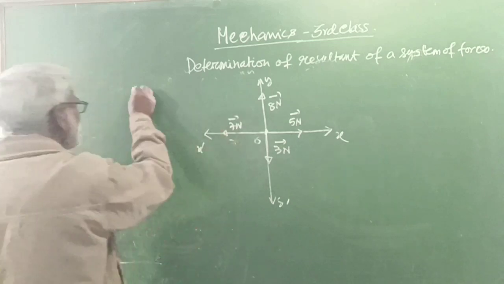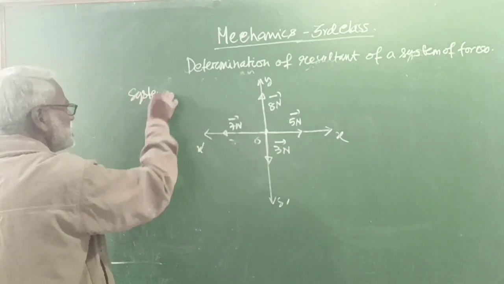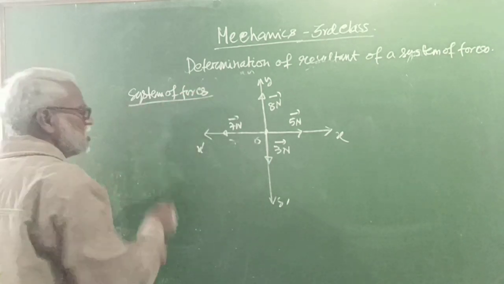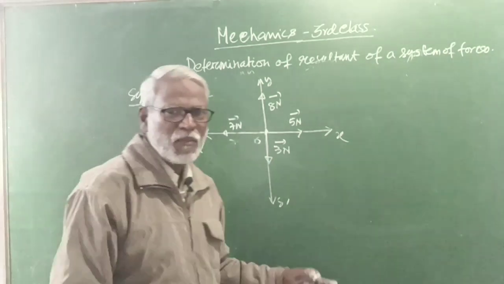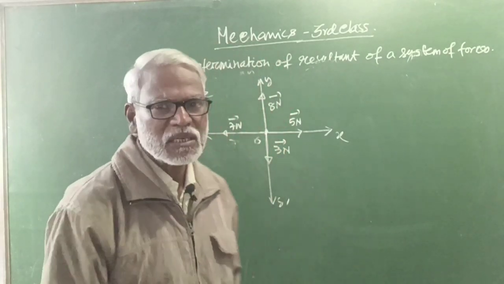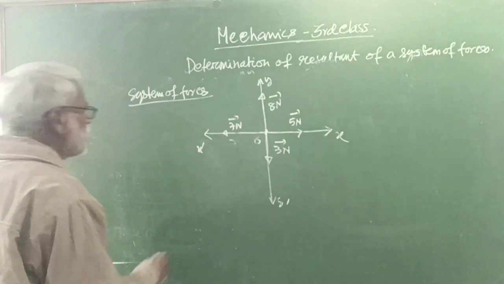So this is a system of forces. When a number of forces are acting on a body, we call it a system of forces. This is one thing you now learn.